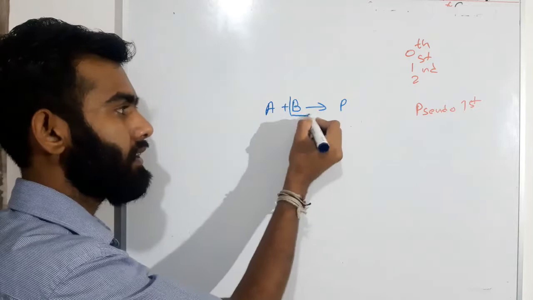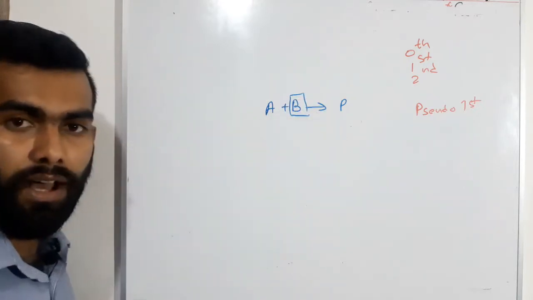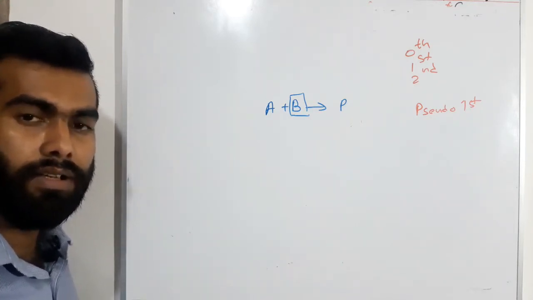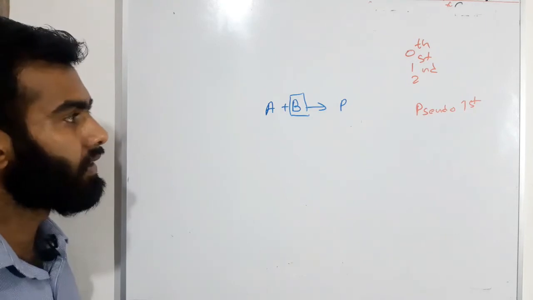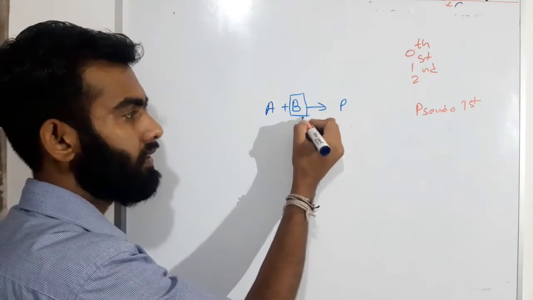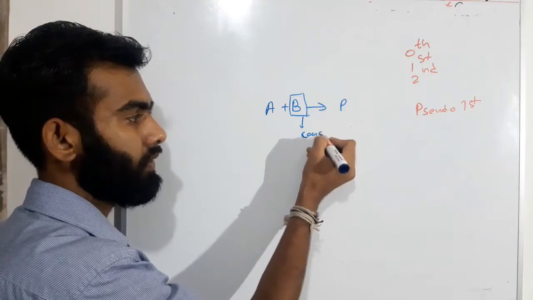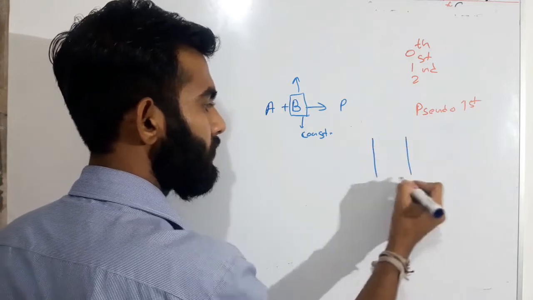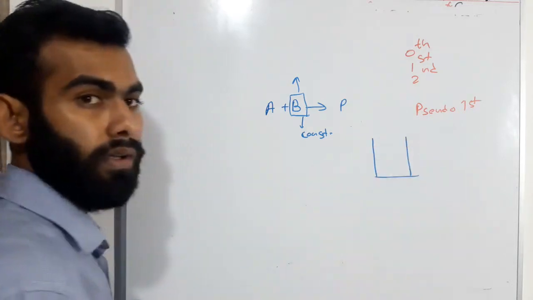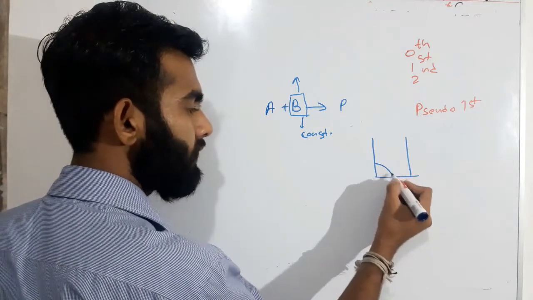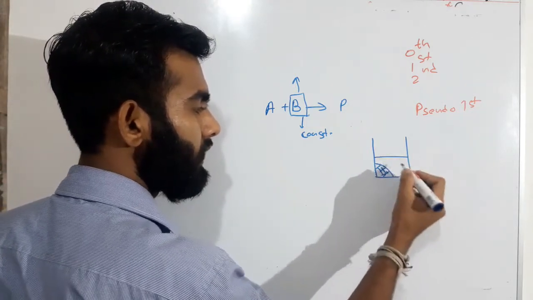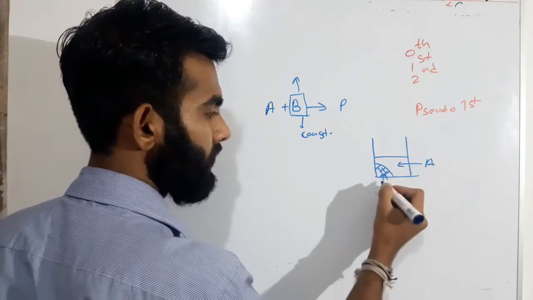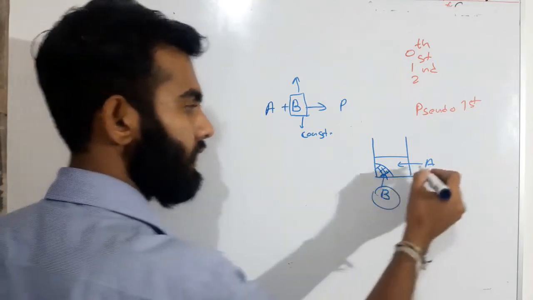If one reactant's concentration is very much higher than the other, that higher concentration we consider as constant. Imagine like this: we do a reaction, there are two reactants, one is a solid, the other is a solution. A is a liquid solution, B is a solid.